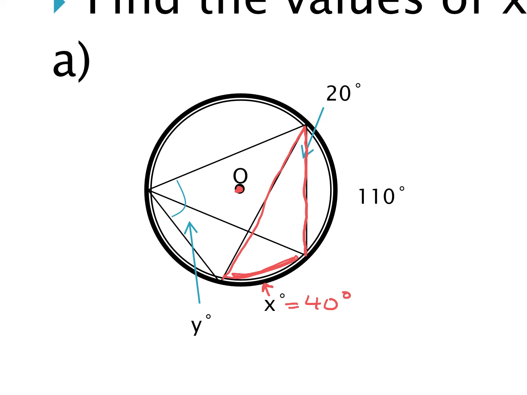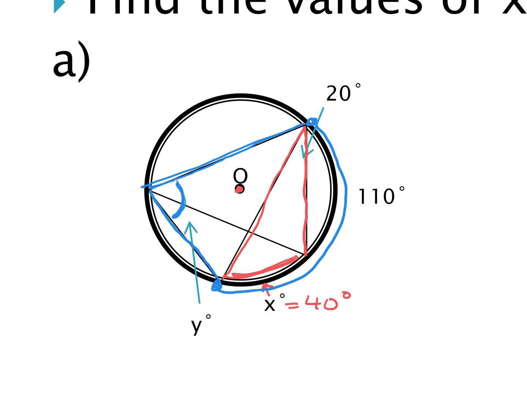Now, in order to find angle y, and angle y is pointing to this whole amount here, let's go ahead and retrace these chords that are forming this inscribed angle. Notice its intercepted arc goes from here over to here. Luckily, I found x first.